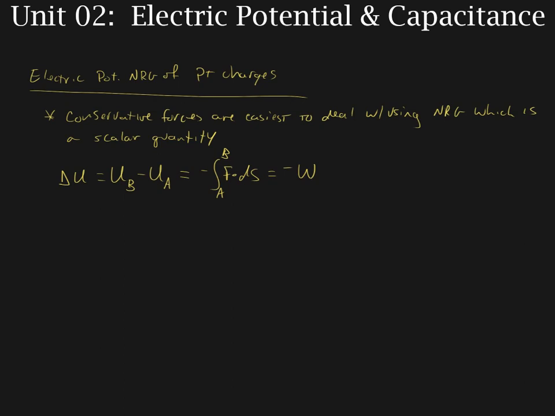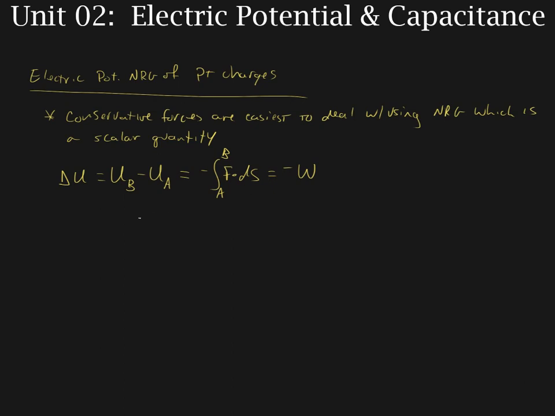Just to show you how this is done with an example you should have seen already, we're going to look at the change in gravitational potential energy in the universal sense using universal gravitation, not the near-Earth approximation.